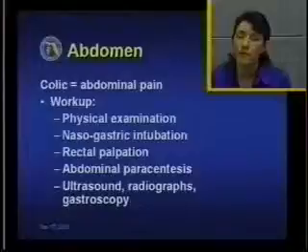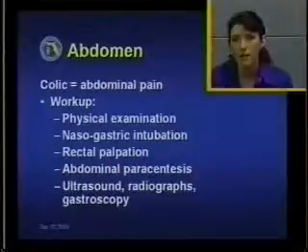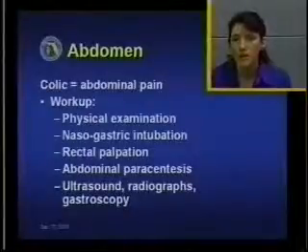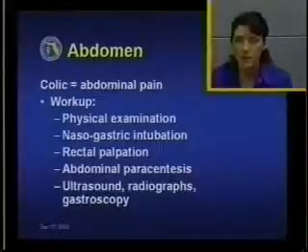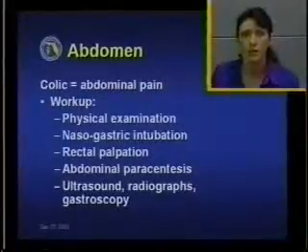Radiographs will be performed in foals because in adults the size of the abdomen precludes the use of useful radiographs, except for the presence of enteroliths or stones that form within the intestinal lumen. Gastroscopy will be used to try to determine the presence of gastric ulcers, which may also result in colic.